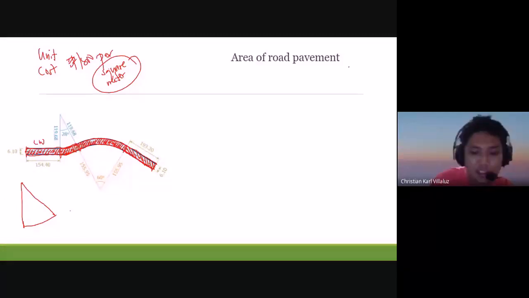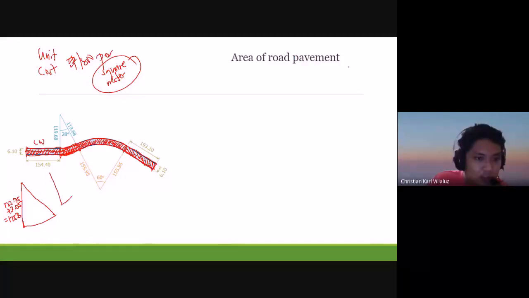The radius here is 122.73. In designing, our initial path of the road is at the center line of the roadway, so to take into consideration the width of the roadway, we have to add the width to the right and to the left. So, 122.75 plus 3.05 is 125.8.